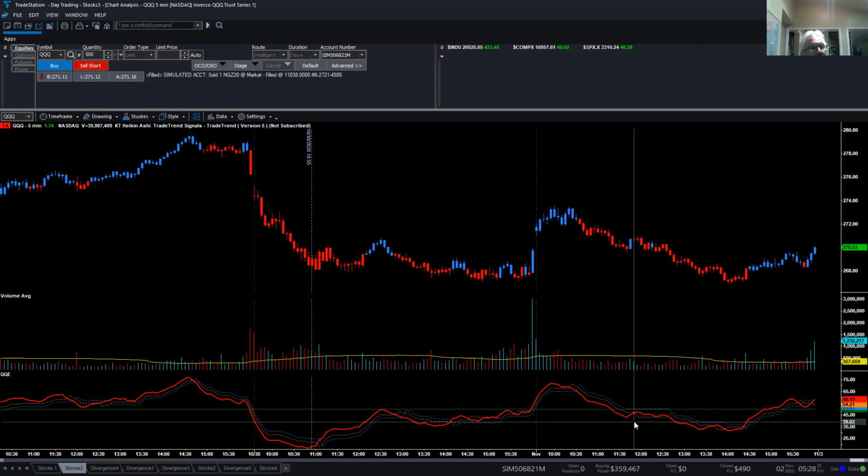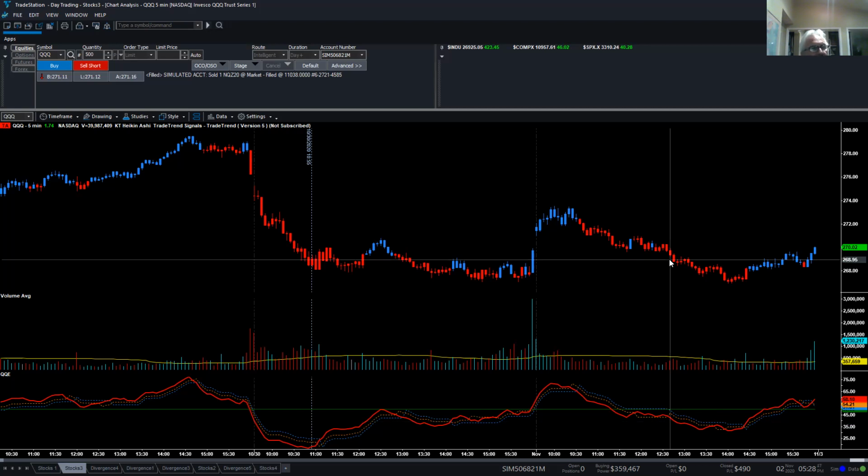Let's see here. Oh, I'm sorry. Okay. So actually we didn't take it here. I think based on the NQ movement, we took it here at 269.36. We went short 270 and we had a very nice move down.